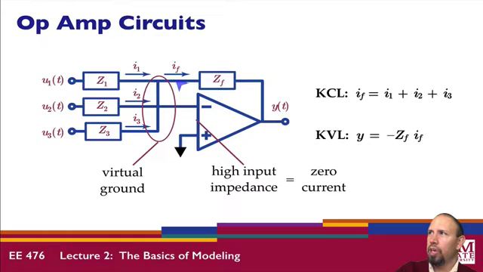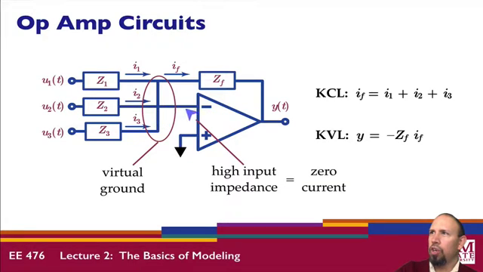And so you can go through and analyze this circuit. If this is ground, then the current through this leg here is U1 over Z1, the impedance Z1. This current is U2 over the impedance Z2. This is U3 over the impedance Z3. And so that's what each of these currents are.